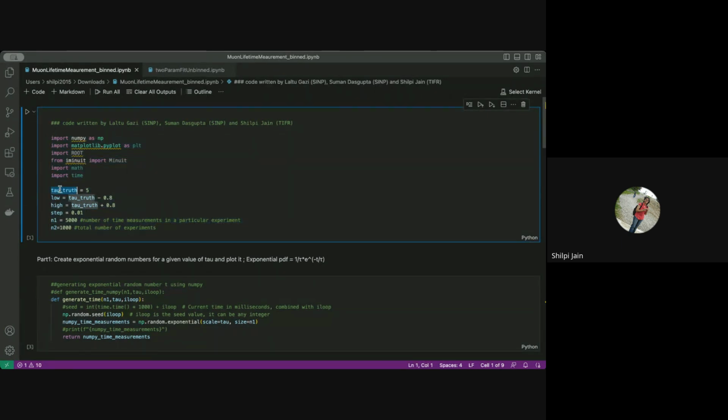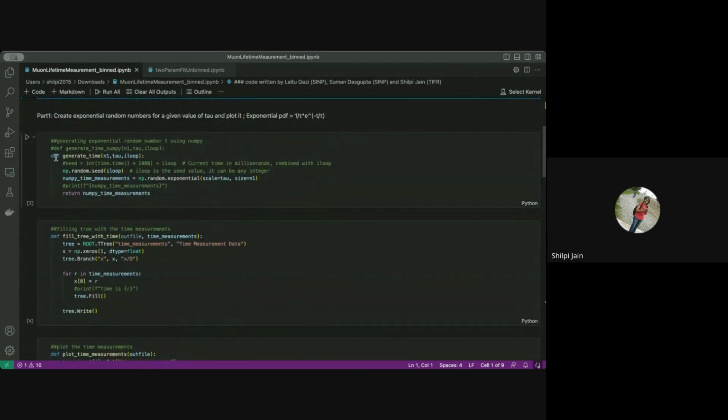Tau truth is 5, and you will need this when you do the second part of this exercise, that is looping, and step size is this. This will be just generating 5,000 random variables in one experiment, and in the last part of the exercise, this variable will be needed.